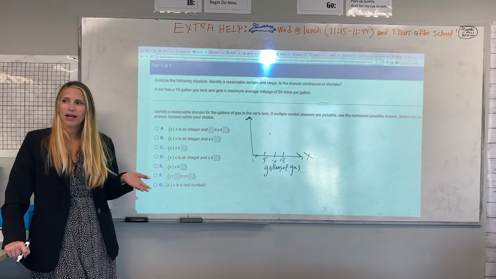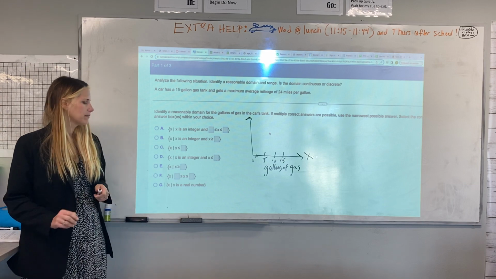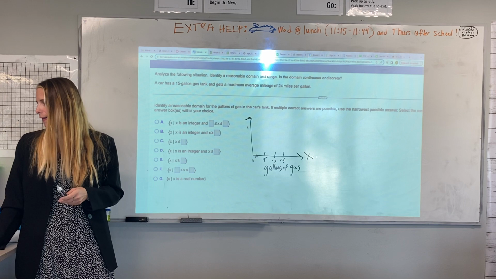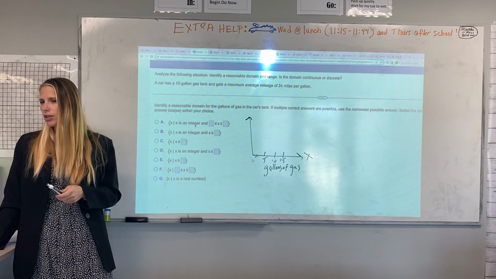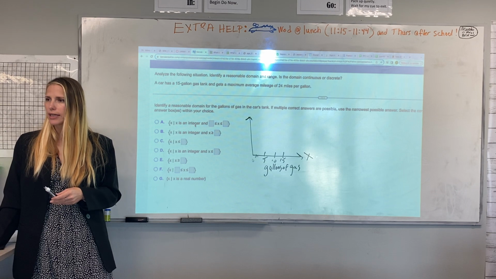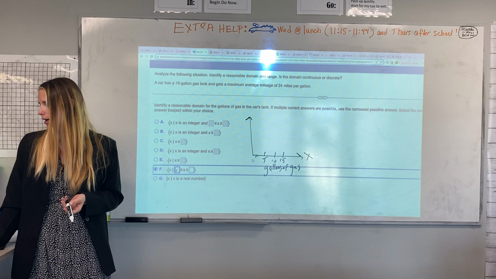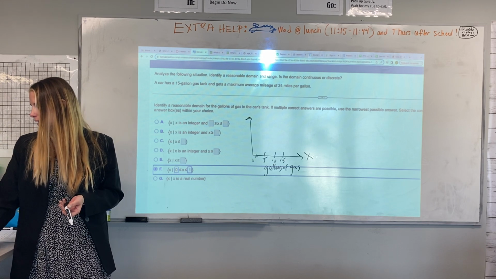No. Can I have 0 gallons? Sure. So how would we write that? It's going to be X is less than 15. So would it be X is an integer? No, because we could have 2.5 gallons of gas, right? So it would be X is in between 0 and 15.